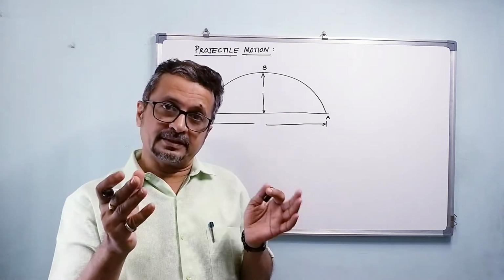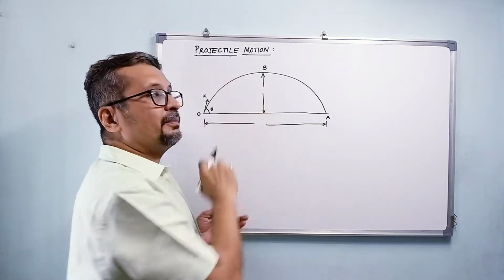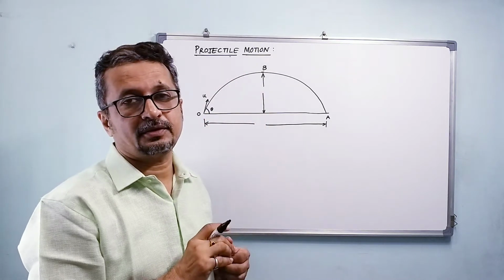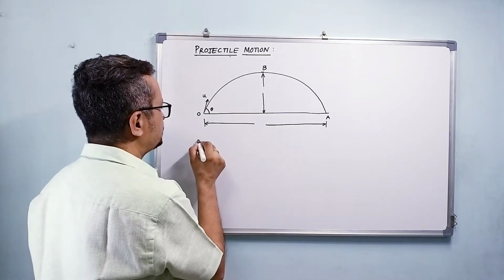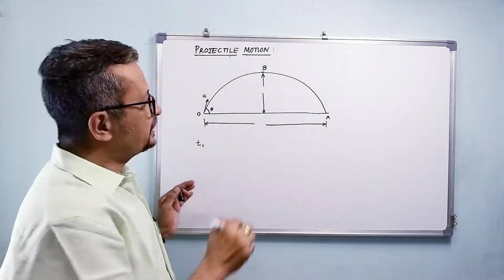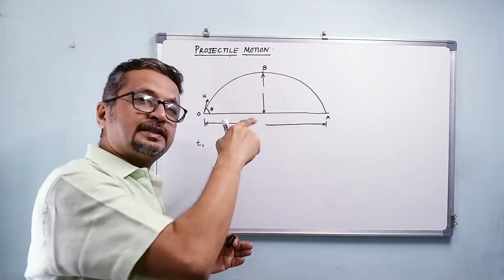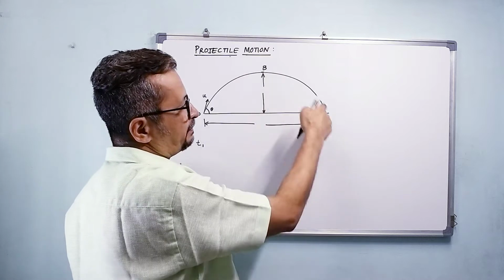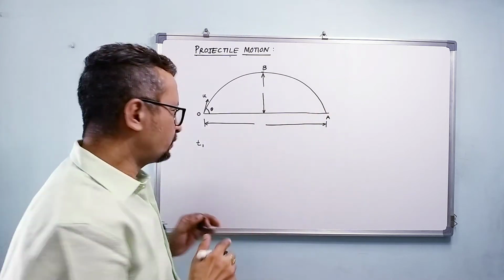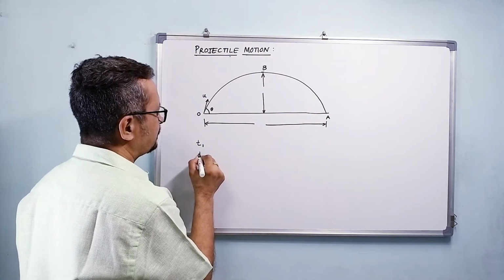How much time it takes to reach the maximum height from starting? That time would be called t1. Then from maximum height, it will take some time to reach the ground. That would be time t2.